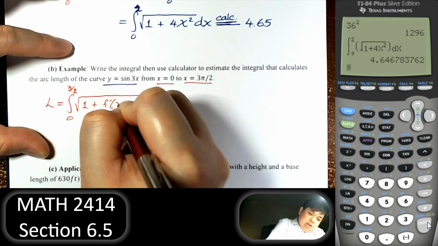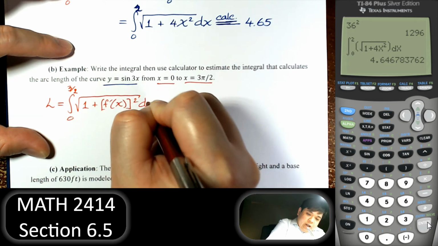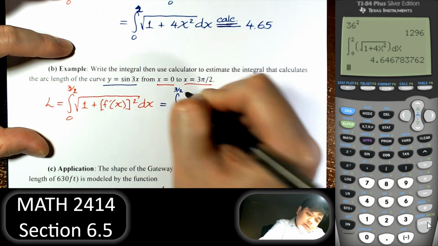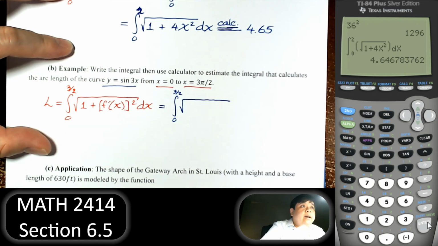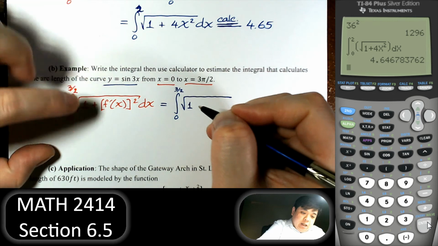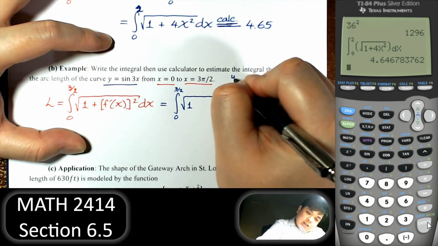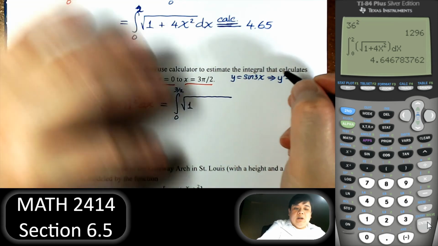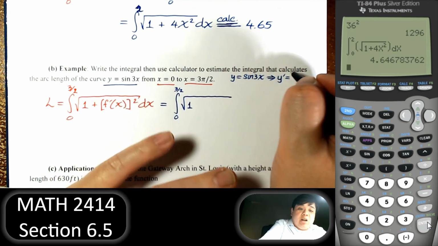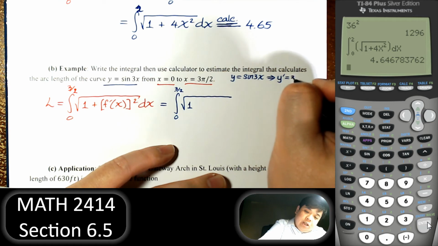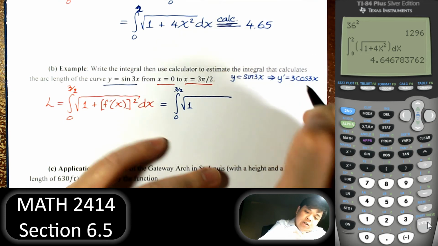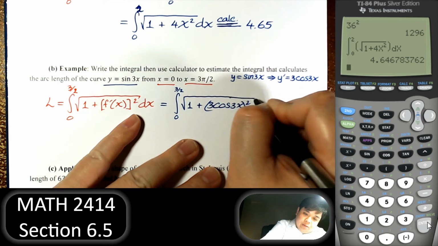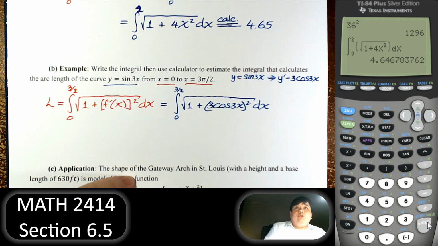One plus the derivative squared. The derivative of y equal to sine 3x will be equal to cosine, and then there's a 3, so we have 3 cosine of 3x. And we just have to use a calculator here.